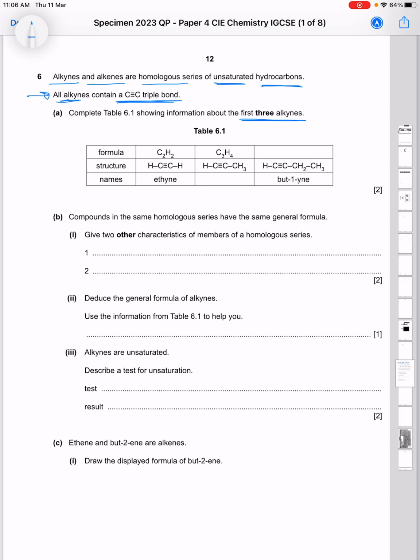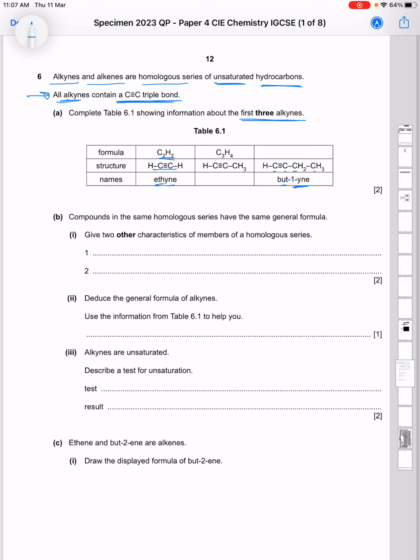Now, if you look here, the formula C2H2, which is the first alkyne, is called ethyne. And on the last part, the alkyne that contains 4 carbon is called but-1-yne.